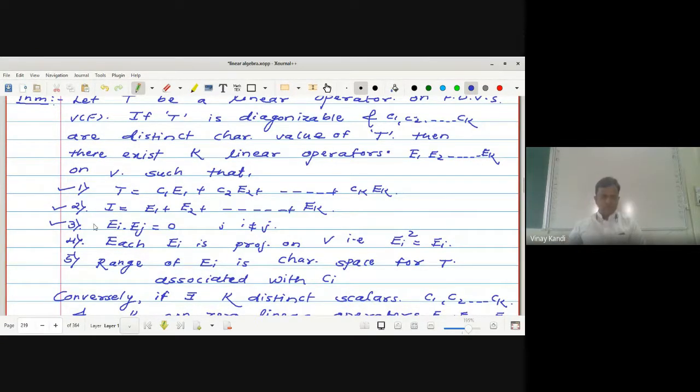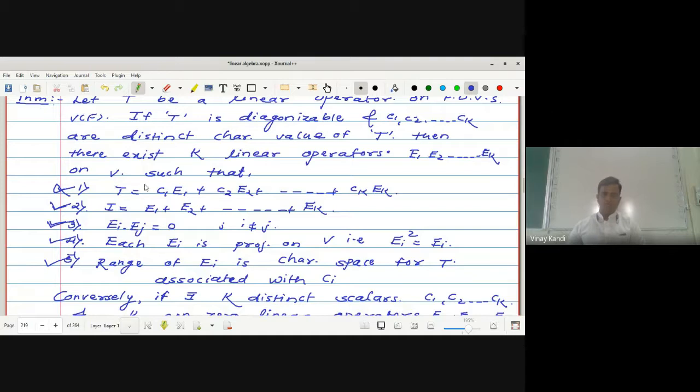So in the previous theorem we proved the second, third, fourth and fifth conditions. The first condition we have not proved. So by the previous theorem, there is no need to prove again the second, third, fourth, fifth.